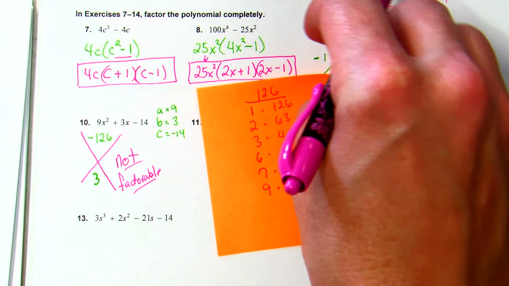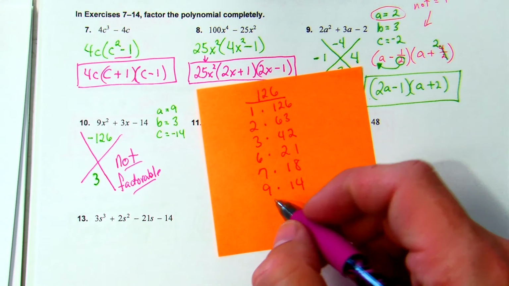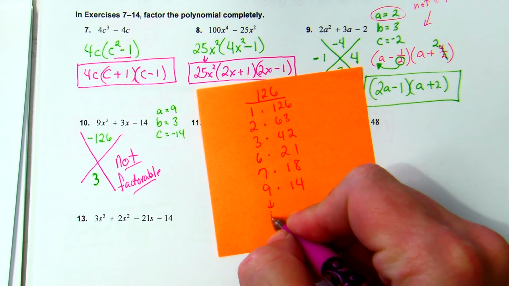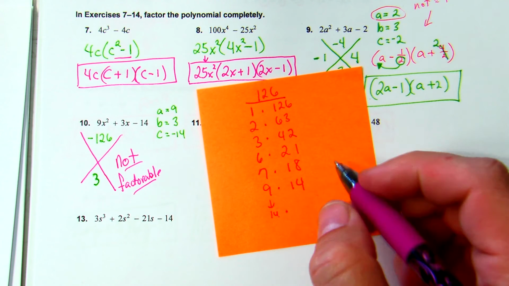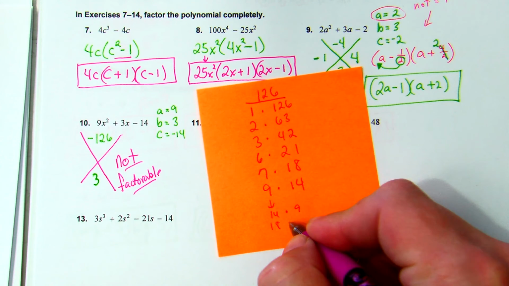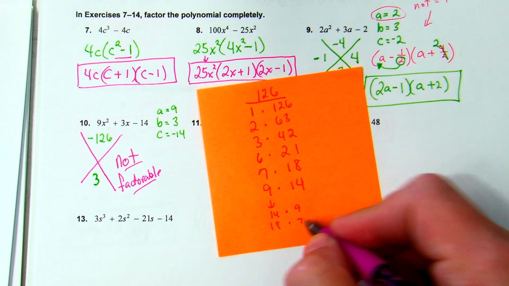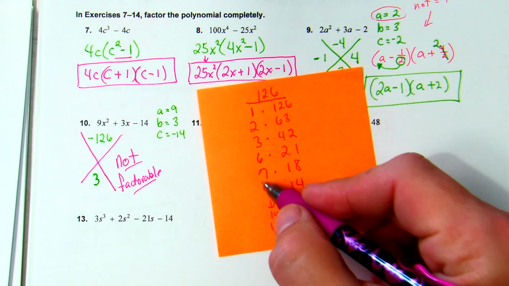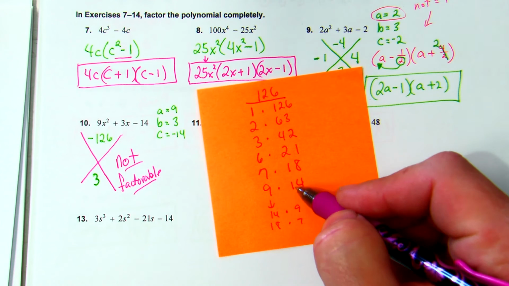Just for the sake of argument, what's going to be the factor that goes with 14? 9. And then the next one would be 18, and that's going to be 7. So what's happening to my numbers? Well, just reversing the products that we already knew.